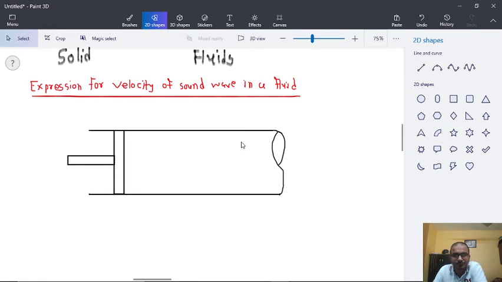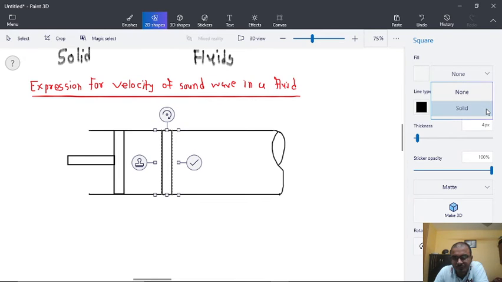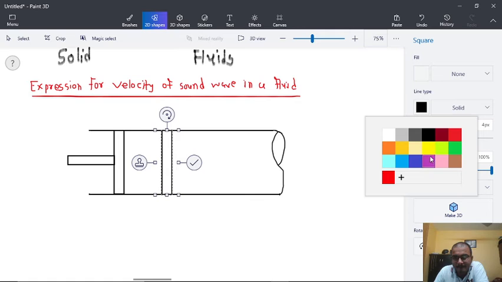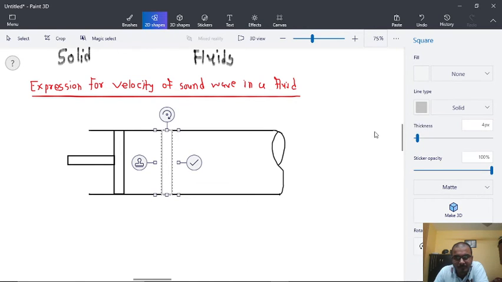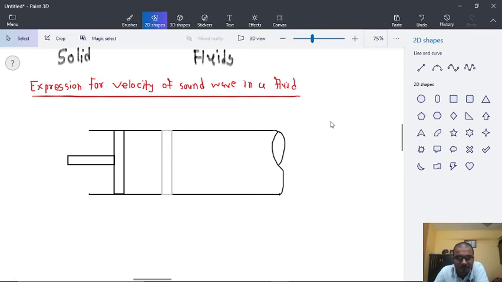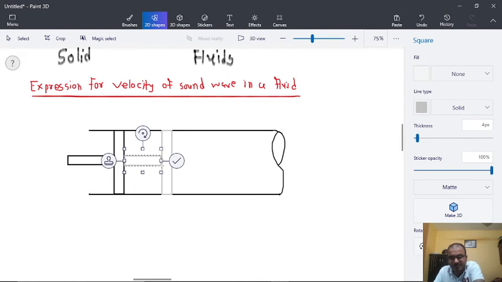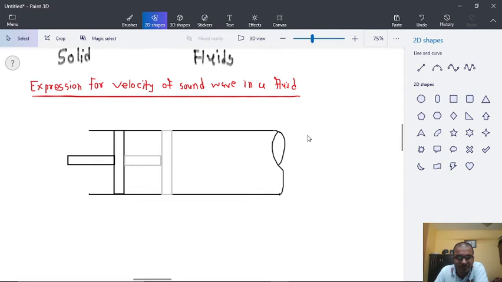So here we have a basic piston cylinder arrangement. And this is the final position for the cylinder.